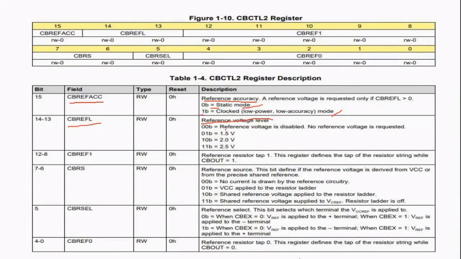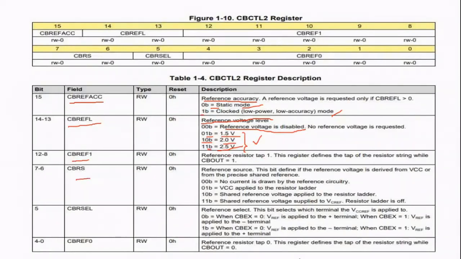Now CBREFL, reference voltage level. If it is 00, it means the reference voltage is disabled. There is no reference voltage requested. If it is 01, 1.5 volt; 10, 2 volt; 11, 2.5 volt. These voltages are fixed. In the same way you can get CBREF1. CBREF1 means reference resistor type 1.